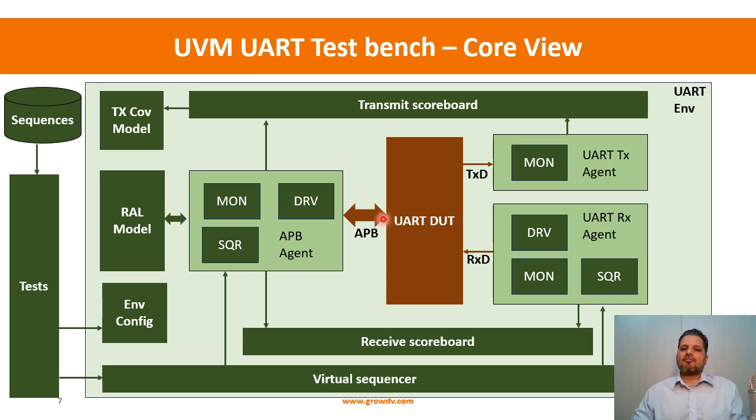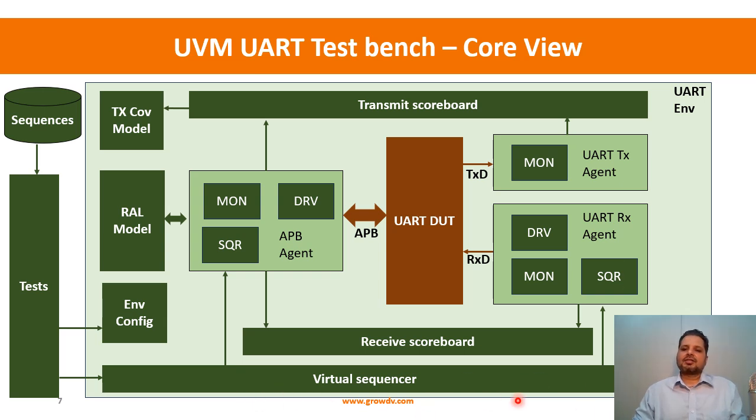But what if I need to create a scenario wherein I want to launch something on both of them? You have two options. One is you can directly do it in the test itself. It is possible, but what you do in one test may not become directly reusable in another test. So UVM provides the concept of a virtual sequencer.